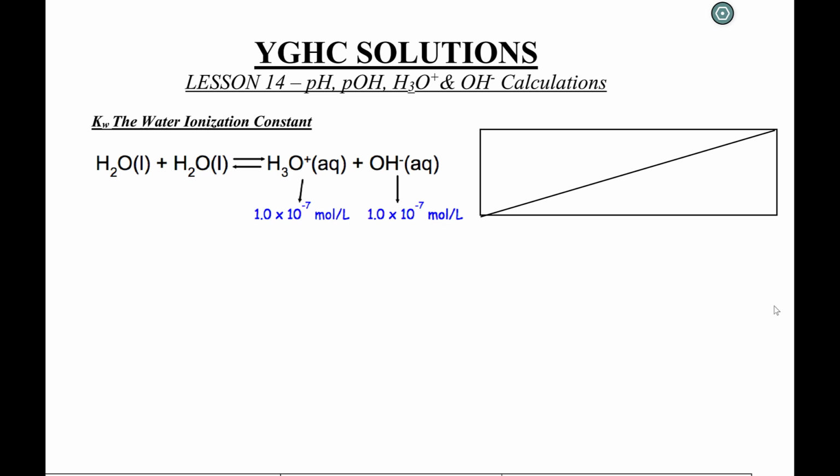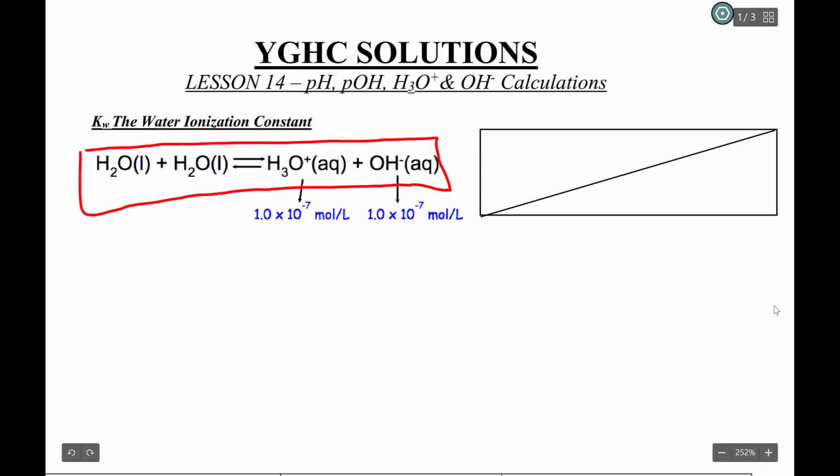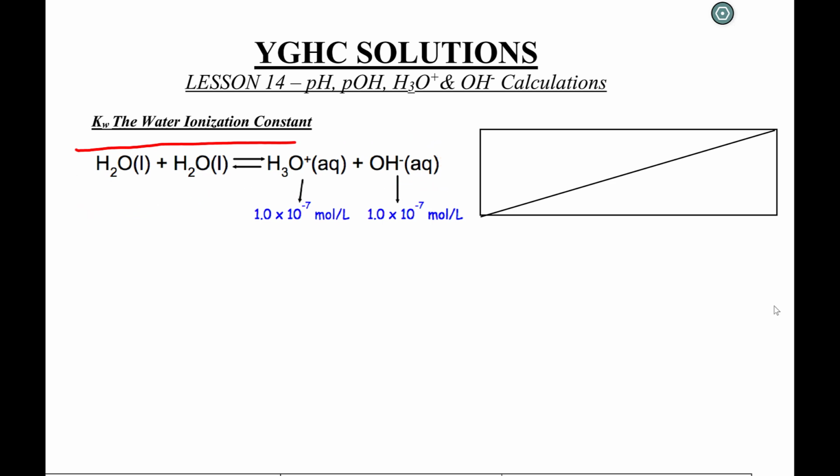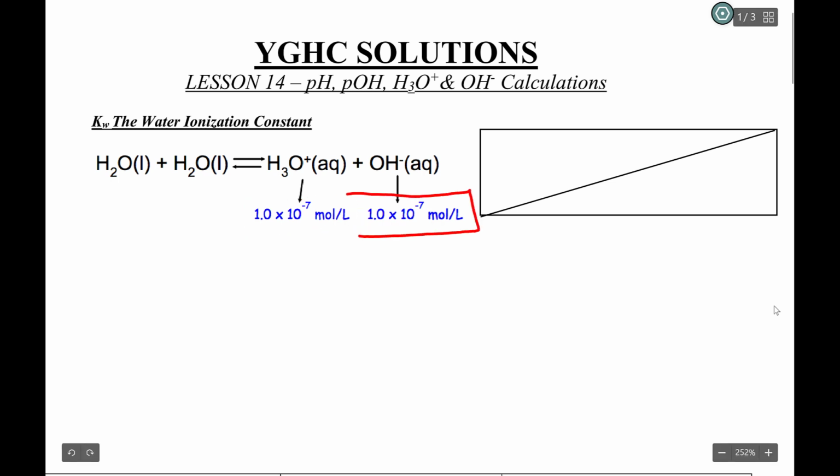Now, if you were to analyze two water molecules in a billion, this is what would happen. 2 in a billion would actually have this reaction happen. If you were to work that down into a concentration in terms of moles per liter, it would be 1.0 times 10 to the negative 7 moles per liter of hydronium and 1.0 times 10 to the negative 7 moles per liter of hydroxide.